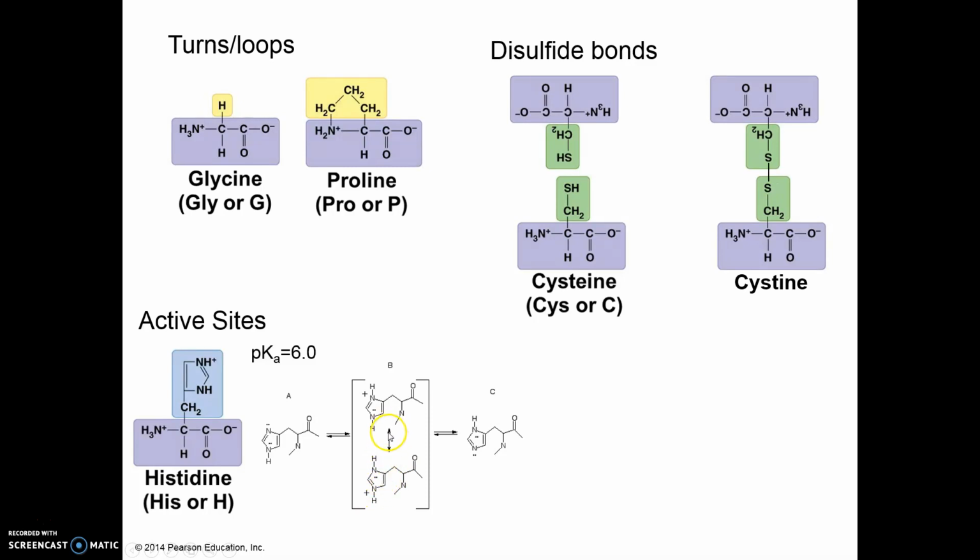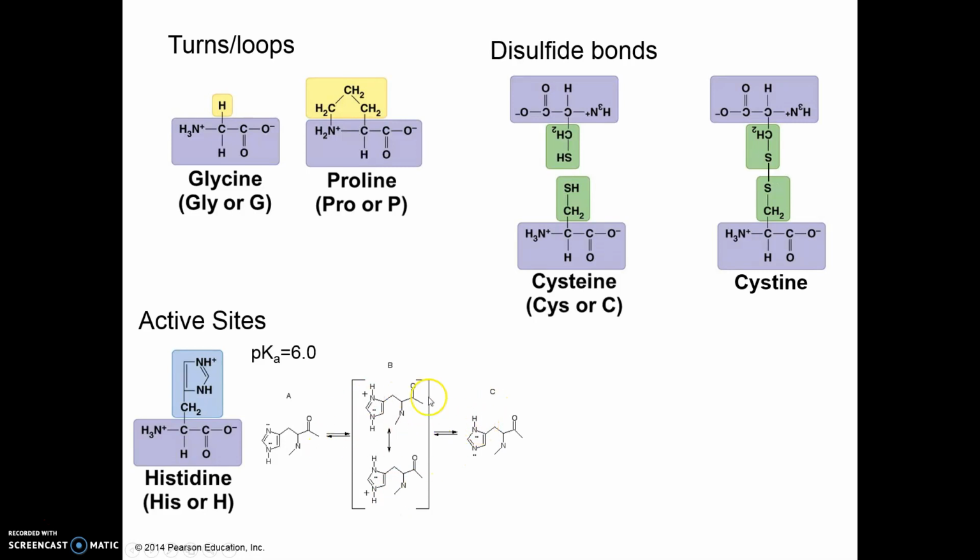What's important here is because of this ability to switch back and forth, when it then loses that proton, it could take either one of these two forms, either form A or form C. What's important about this feature is we are essentially talking about an amino acid that can take a proton from one side, move it to the other side, and then release it.